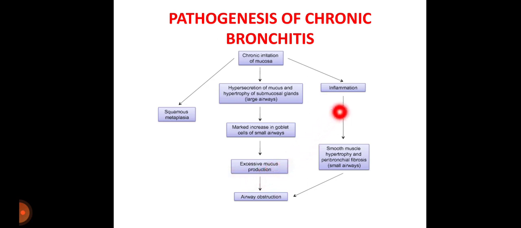Another mechanism is inflammation, smooth muscle hypertrophy and peribronchial fibrosis in smaller airways. Finally, chronic irritation of the mucosa can lead to squamous metaplasia of the respiratory epithelium.